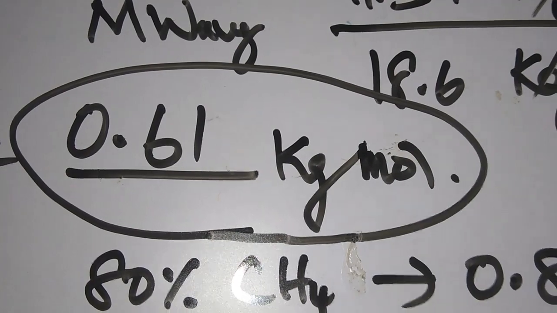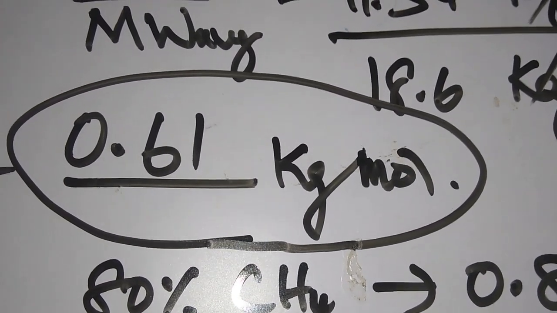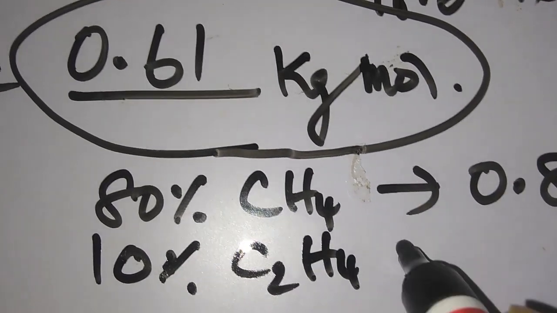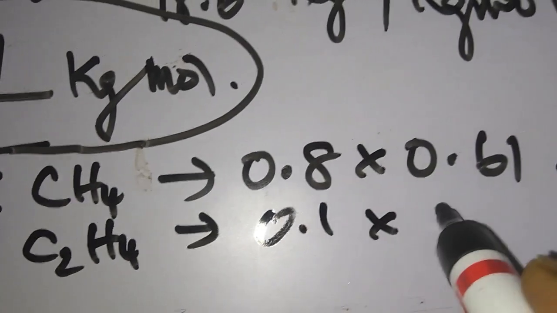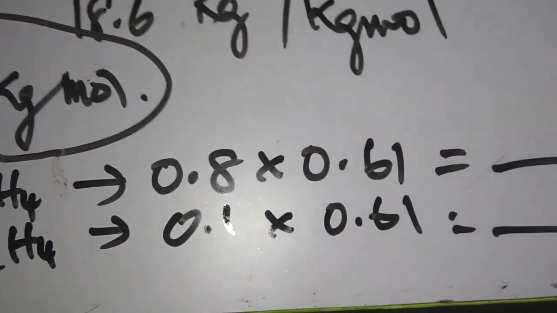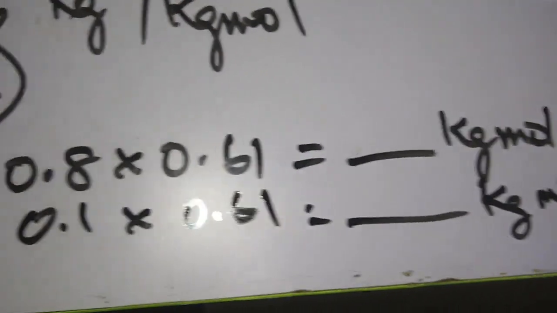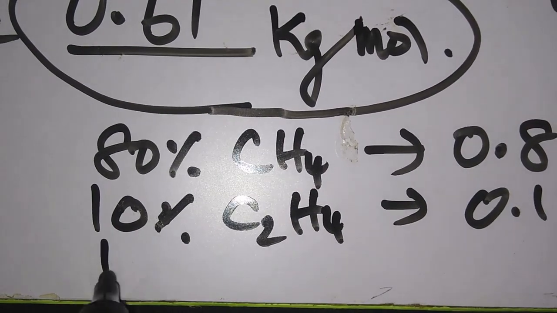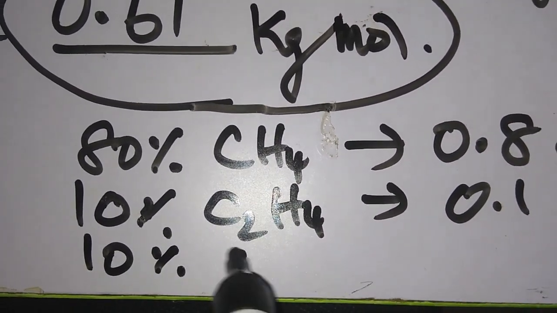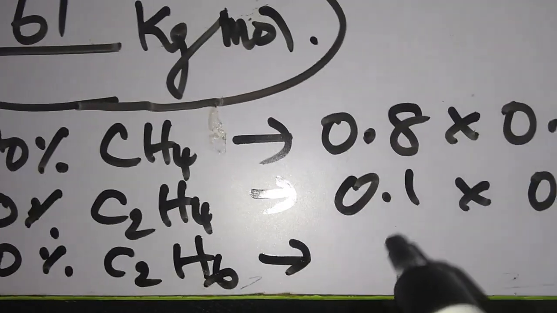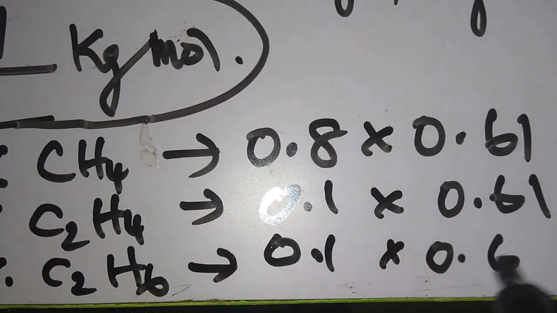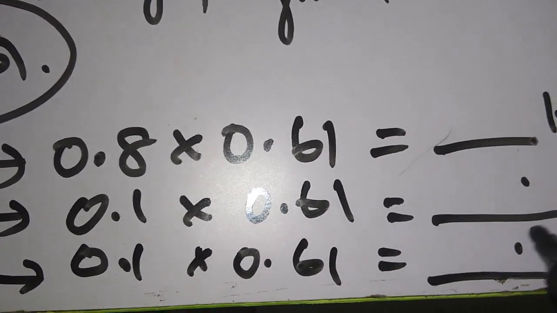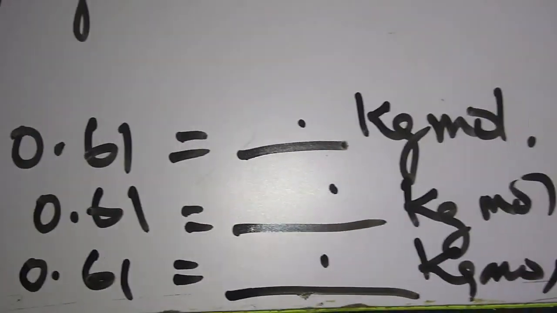Similarly, we have 10% of C2H4, which is equal to 0.1 into 0.61, this much kg moles. The other one is also 10%, C2H6, which is 0.1 into 0.61, equal to the same amount of kg moles. These two will be the same value. Please use your calculator to determine this.